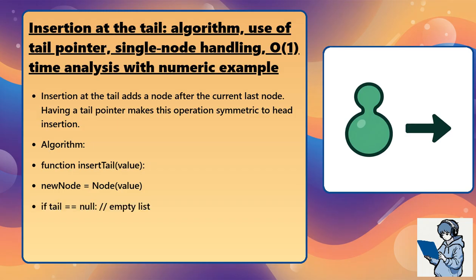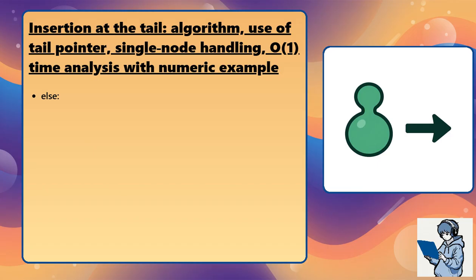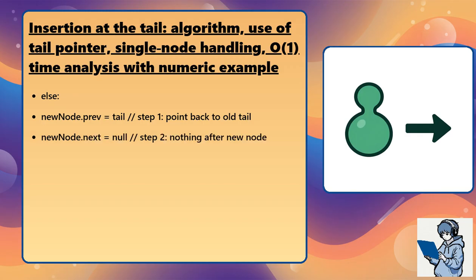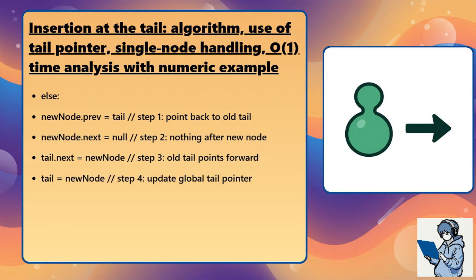If tail equals null, the list is empty: head equals tail equals newNode, and newNode.next equals newNode.prev equals null. Else: step 1, newNode.prev equals tail, pointing back to the old tail. Step 2, newNode.next equals null, nothing after the new node. Step 3, tail.next equals newNode, the old tail points forward. Step 4, tail equals newNode, updating the global tail pointer.